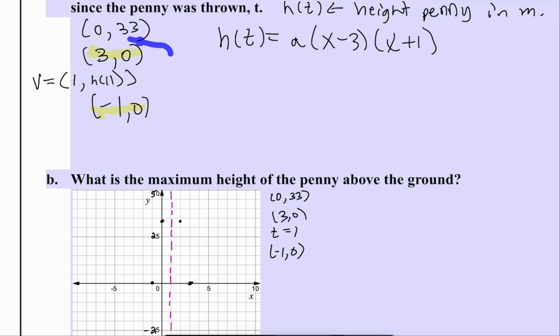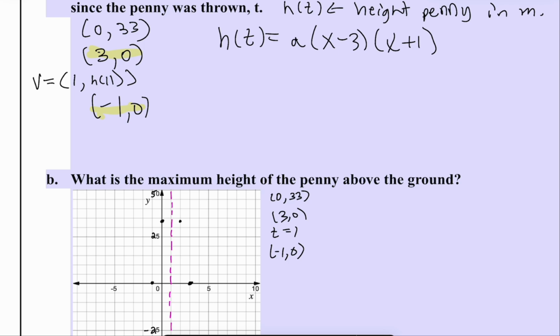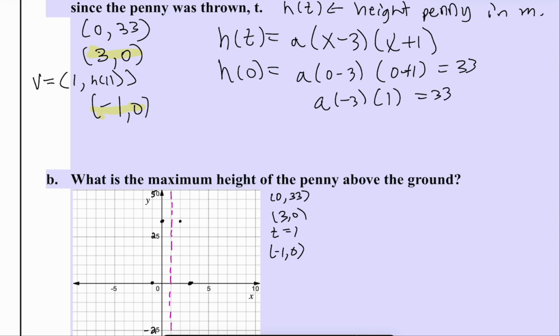Remember, both of these will change sign. I know if I plug in 0, I better get 33, okay? So I know a times -3 times +1 better equal 33, or -3a equals 33.